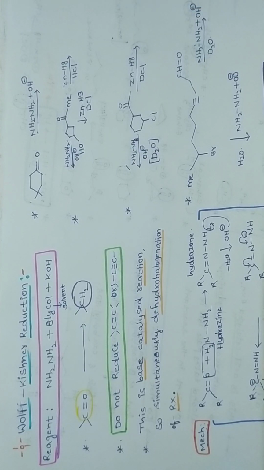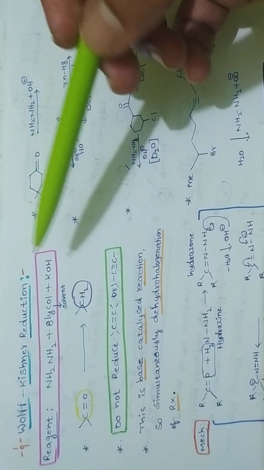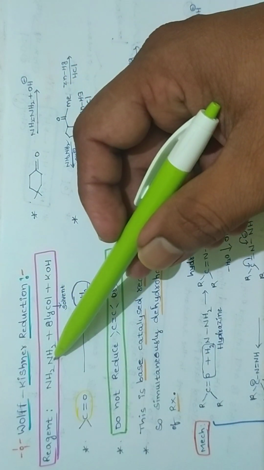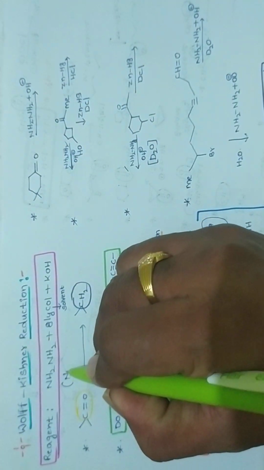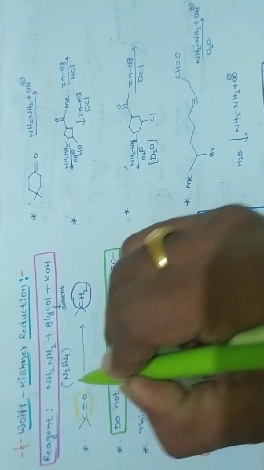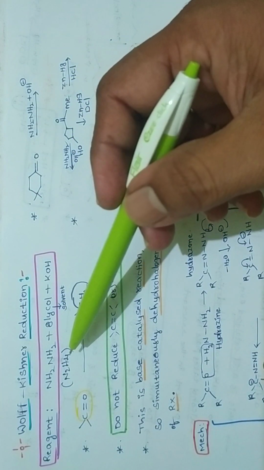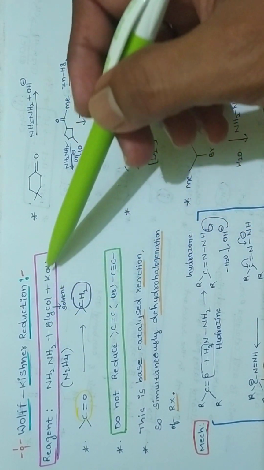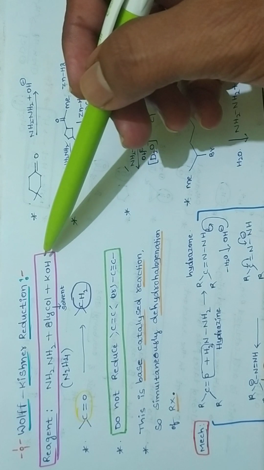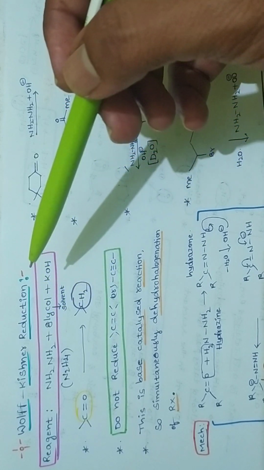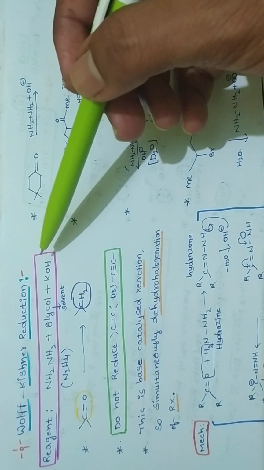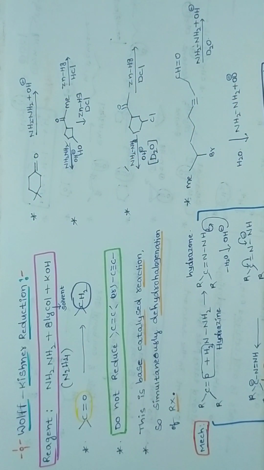Next, another important reaction is the Wolff-Kishner reduction reaction. What is the reagent? This is NH2NH2, which we can also write simply as N2H4. That is called hydrazine. Hydrazine reacts with glycol in the presence of basic medium. Here glycol acts as the solvent, in alkaline medium.